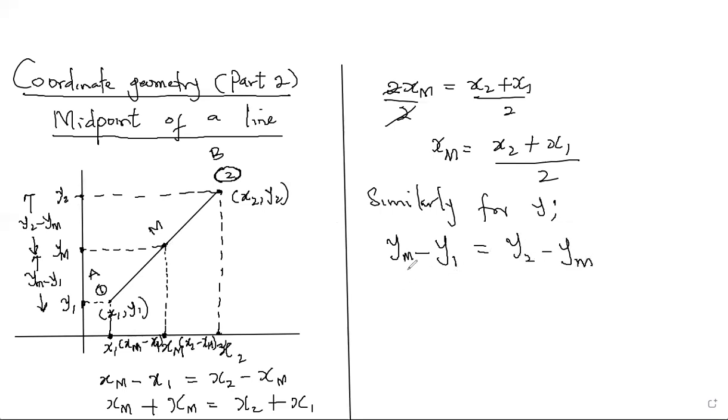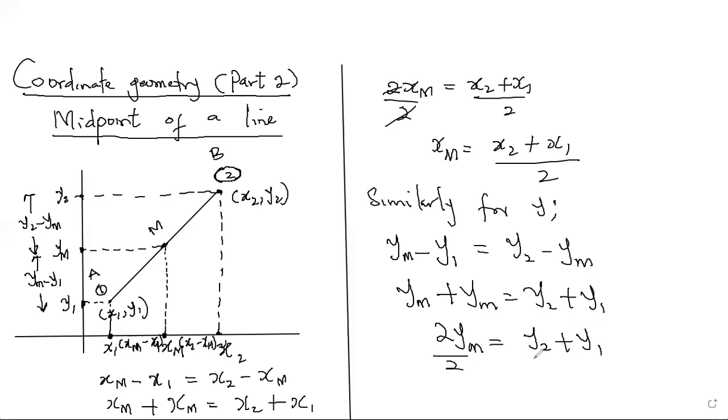If I collect like terms and make ym the subject, I'll have ym plus ym equals y2 plus y1. So 2ym equals y2 plus y1. I divide both sides by 2, then I have ym equals y2 plus y1 over 2. So that is the y coordinate of the midpoint.